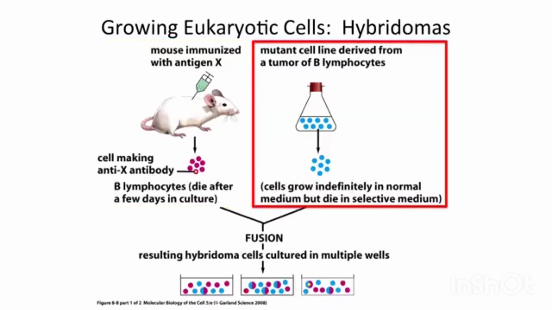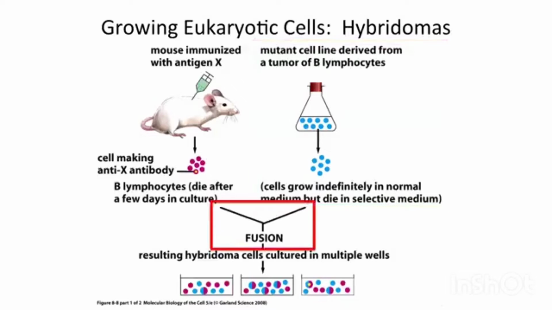But there's a mutant line derived from a B lymphocyte tumor found in mice. These cells will grow indefinitely in normal medium, but they do not survive in a selective medium. They have specific needs, and if you leave out specific components, they will not survive. If you take two cells, there are compounds that promote fusion of the cells.